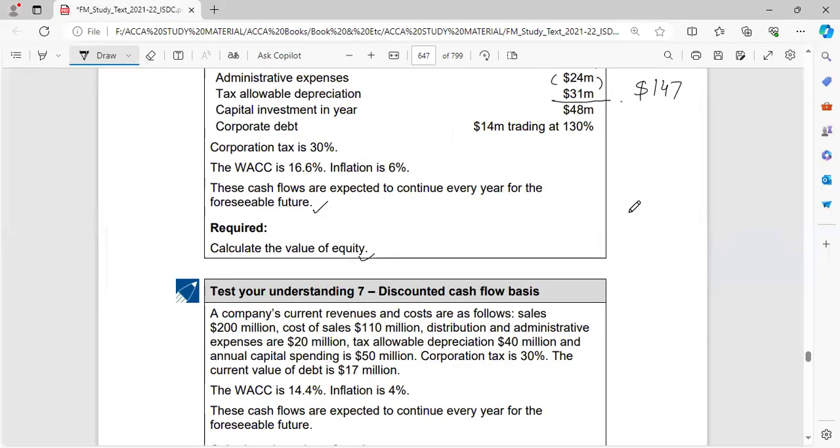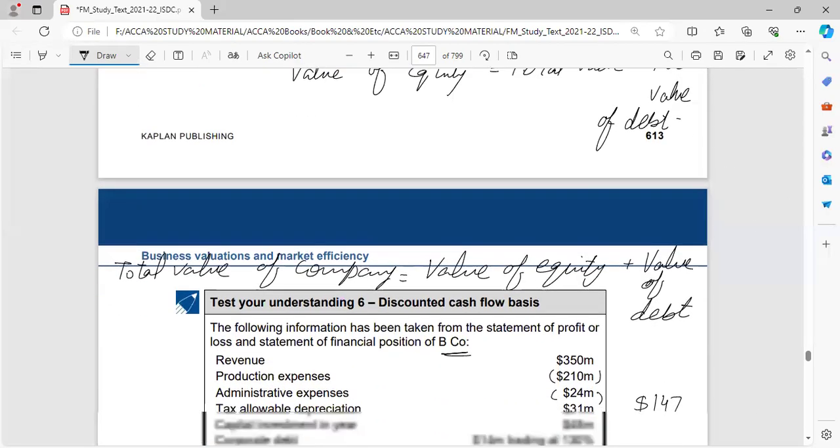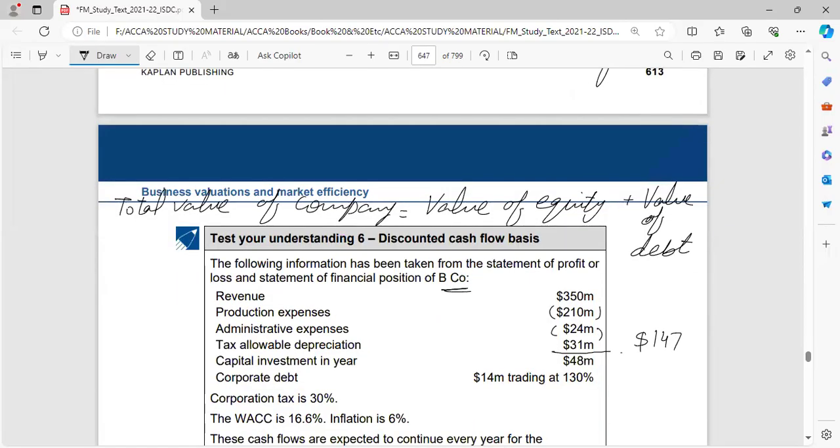Okay. WACC is 16.6%. Capital investment is this. Tax is 14 million at 30%.